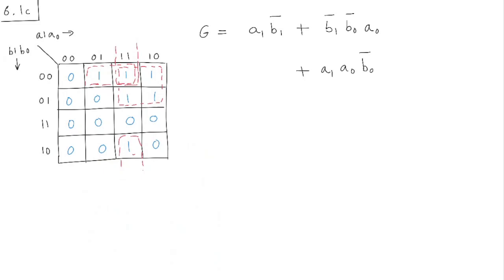Okay, now let's try to implement this circuit using two input AND gates, and I'll do that in this same slide. So let's write the solution here. Okay, so that's part D. So what do we want to do? We want to do this AND operation, and we can do that using a two input AND gate, isn't it?